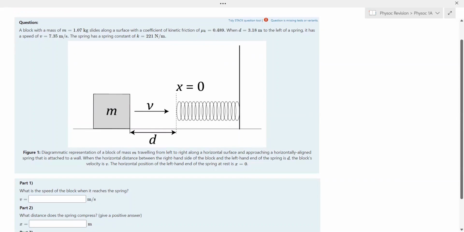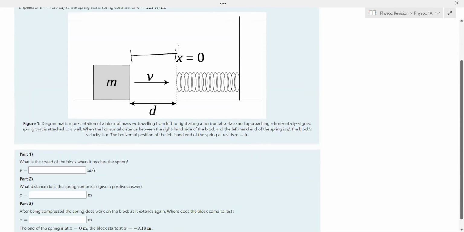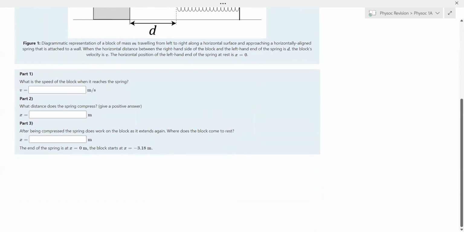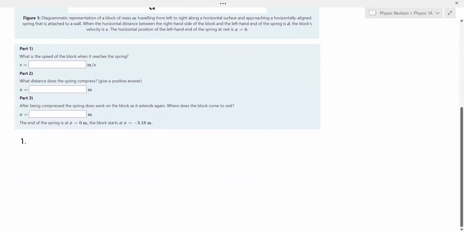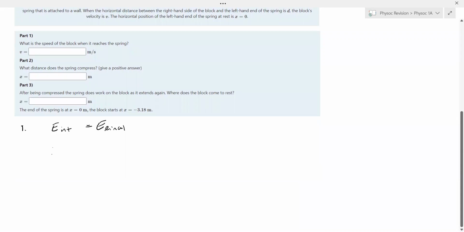All right, so part one, just thinking about when the block goes from its initial starting position to this point, or across distance d, really, because we want the start of it to hit the start of the spring. So for our total conservation of energy, we want our initial energy equal to our final energy. And our initial energy is going to be the initial kinetic energy because of the motion.